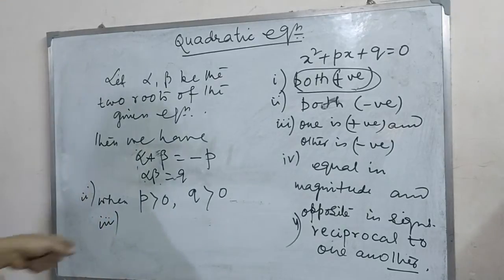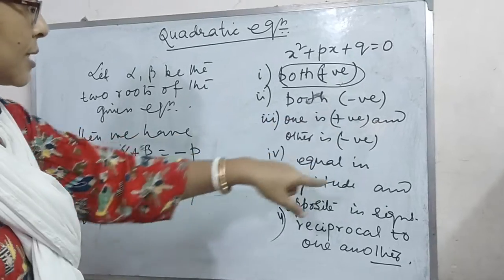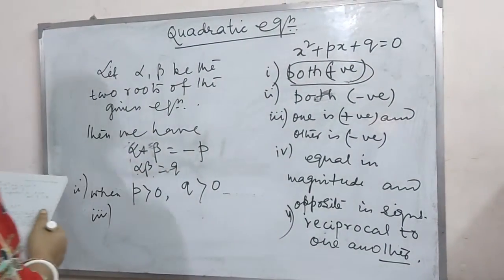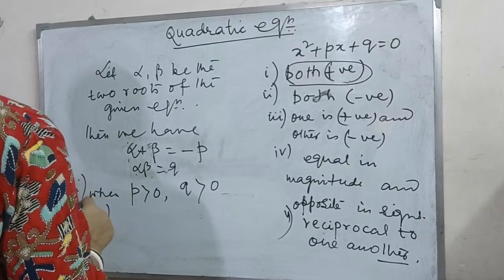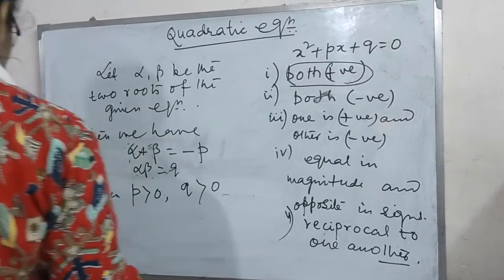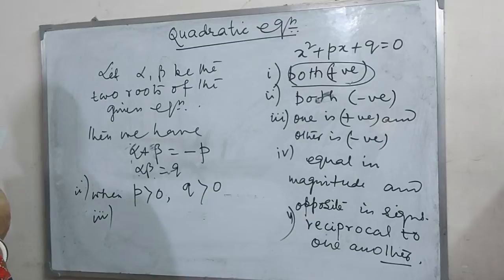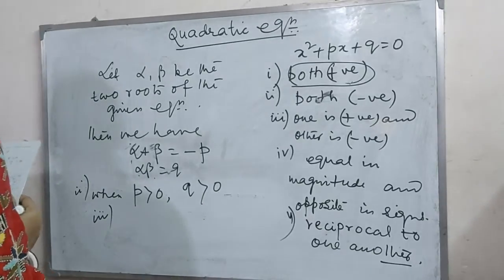And for 3, one positive and one negative, then the larger root is negative in sign.